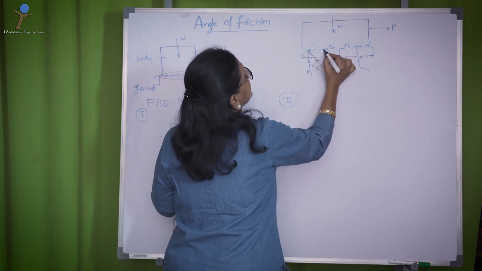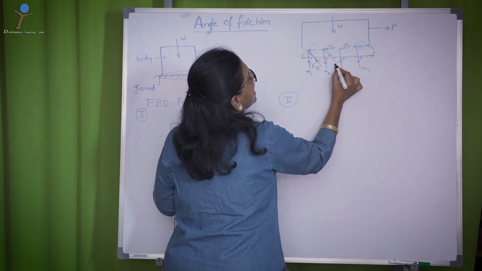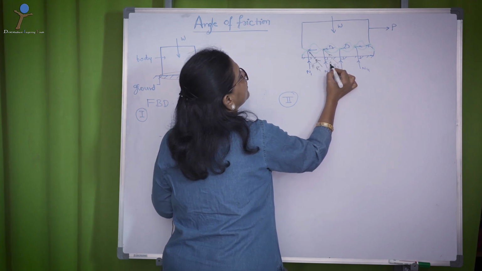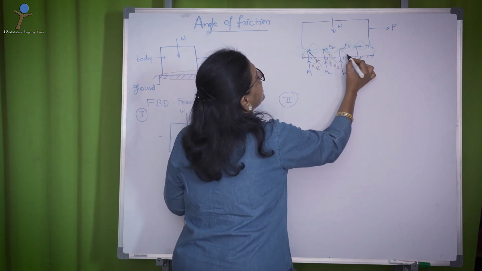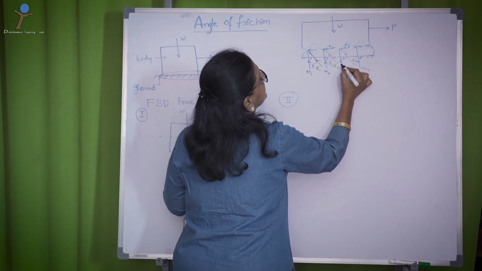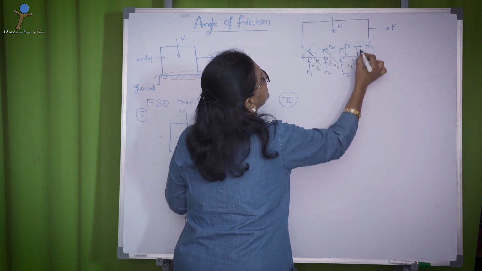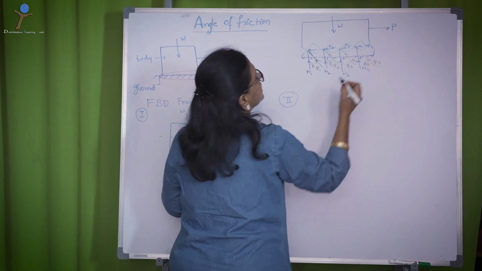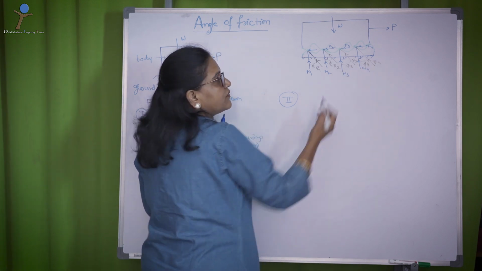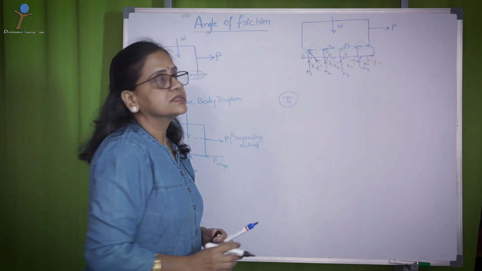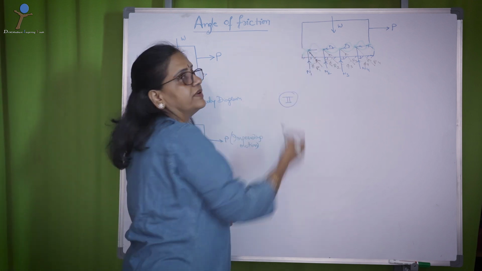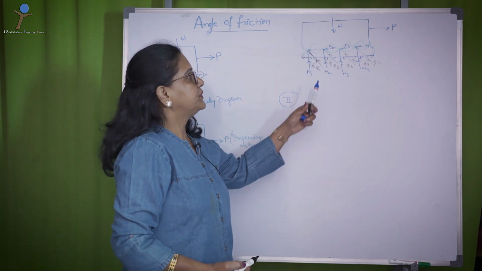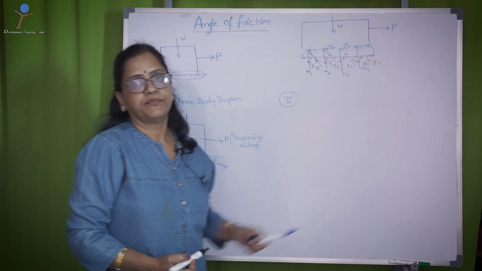Similarly, another resultant R2 at an angle of phi 2, R3 at phi 3, R4 at phi 4. So, what are R1, R2, R3, R4? They are the resultant forces for N1, F1, or N2, F2, N3, F3, N4, F4.